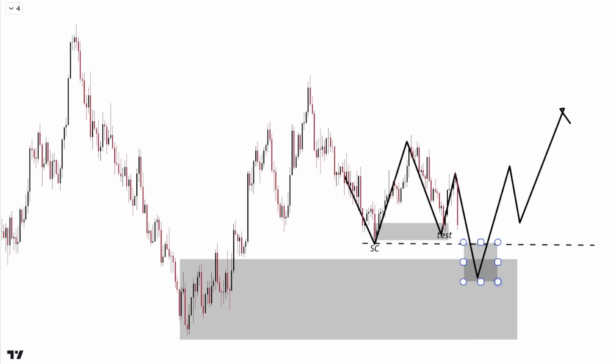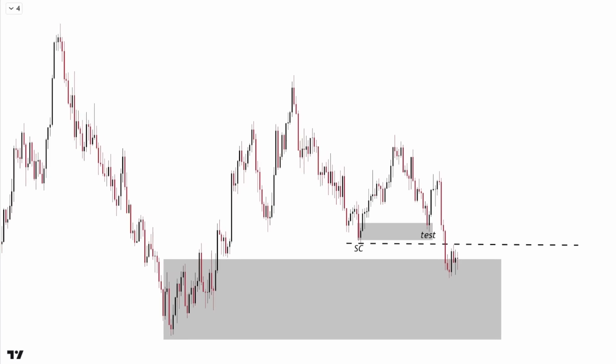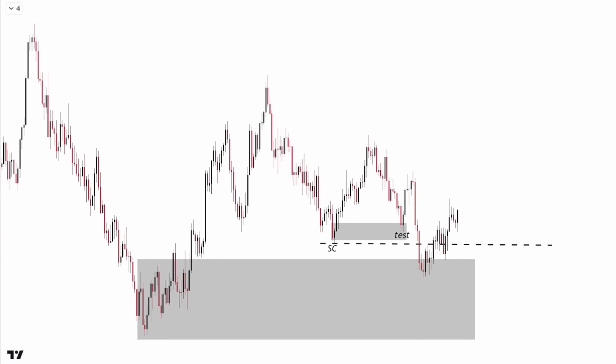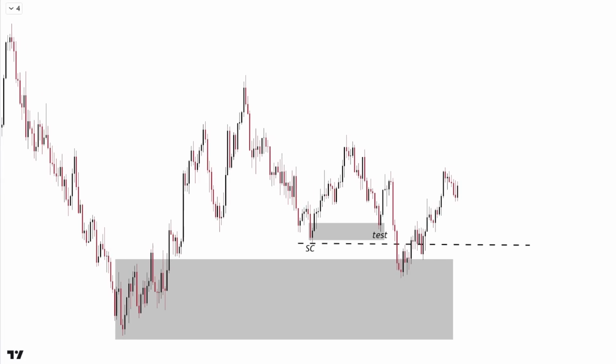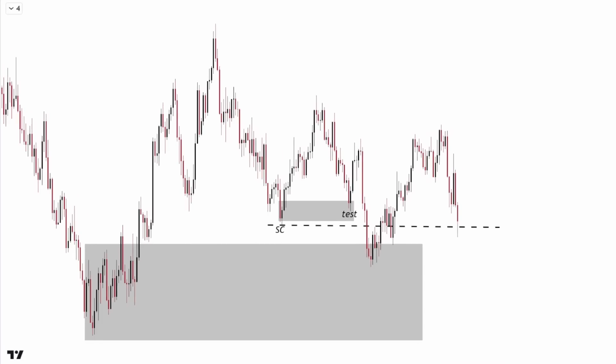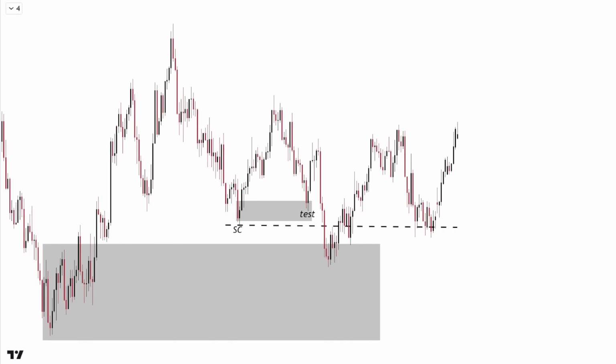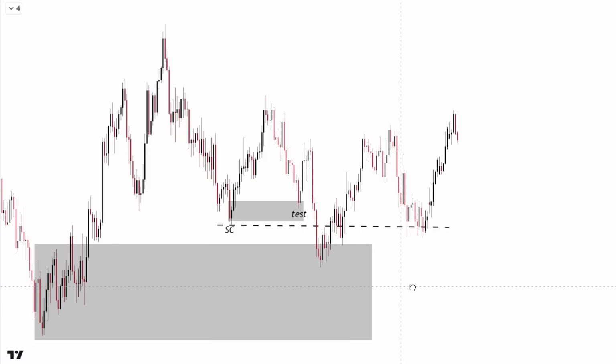And this will result in your sellers getting trapped. Everybody that's trying to sell the market for a breakaway, not understanding that there is a macro demand level waiting for them. So what do you have here?